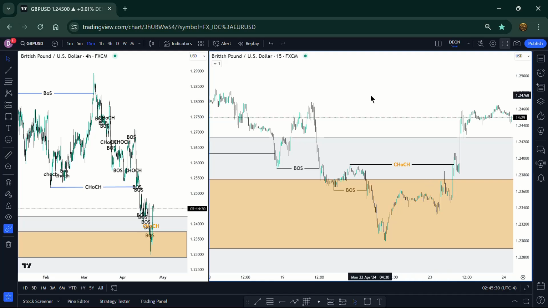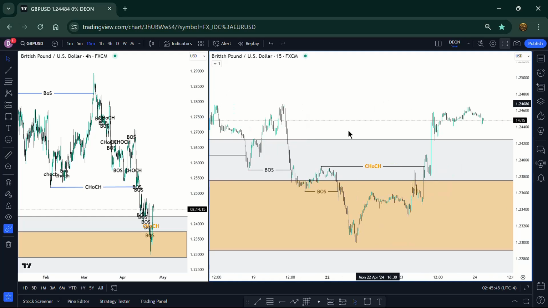So this is where bias comes in. All right. Of course, there's no way of knowing that the market will change character. But when the market is at a certain point of interest on the higher time frames, there's a high probability that the market will react to that time frame and then change character. Okay. There's that probability.